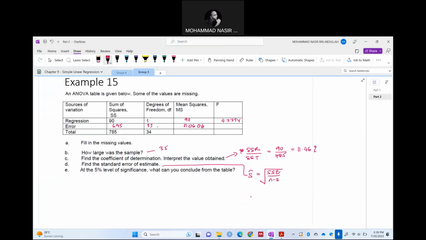So this is also equal to the square root of MSE, the square root of 21.0606, which is 4.589183.